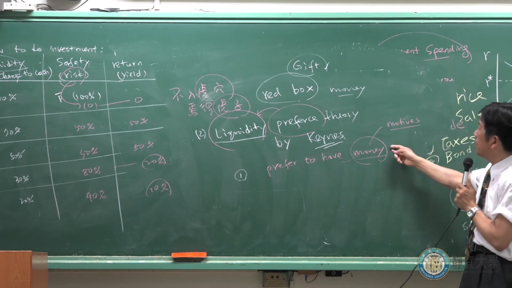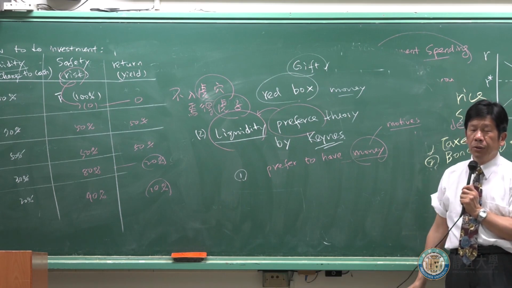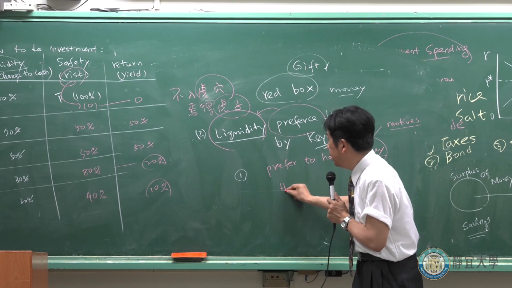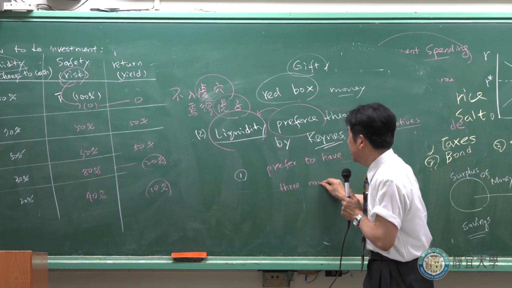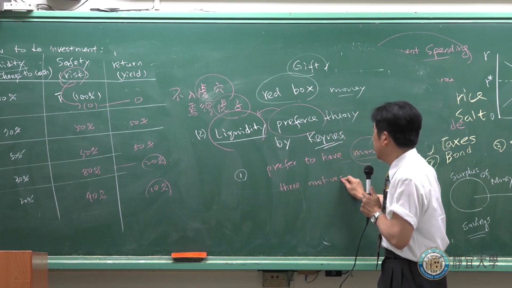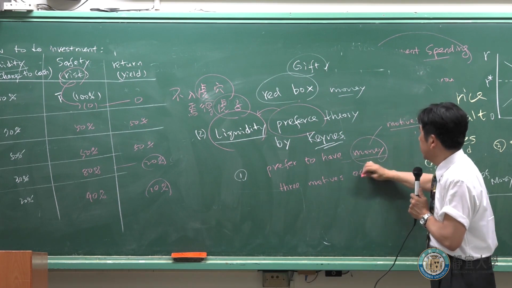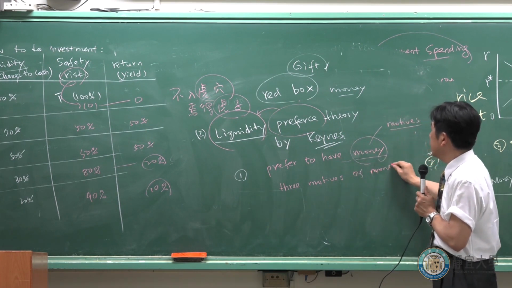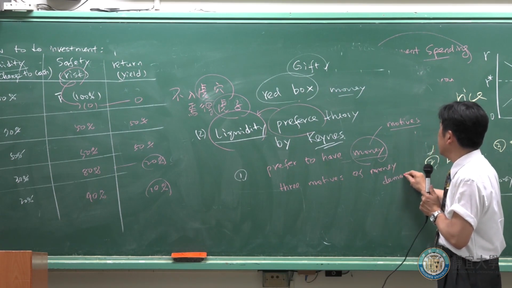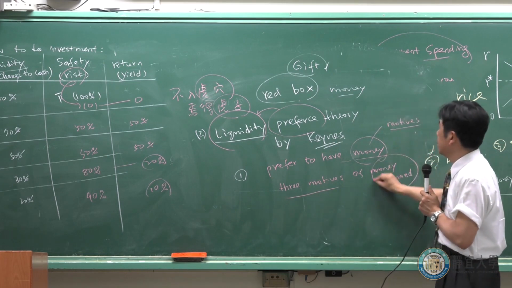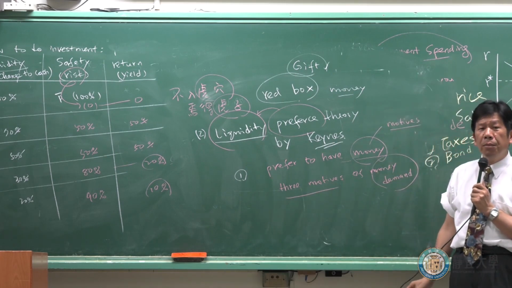You want to have money for what? So we have to try to see we have the three motives of the money demand. Okay? The money demand. I'm not sure if you like money. Everybody wants to have money.